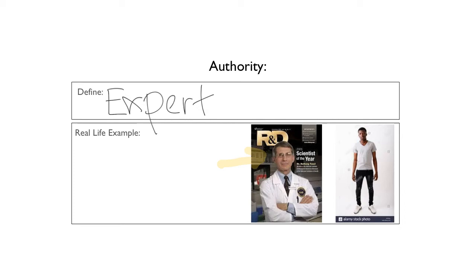He is the head honcho expert on how to stop an infectious disease, and he's been doing this for a very long time. So when Dr. Fauci tells us as Americans that we need to wear a mask over our nose and mouth to keep us from transmitting a disease, we listen because he is the authority. He is the expert in the field.